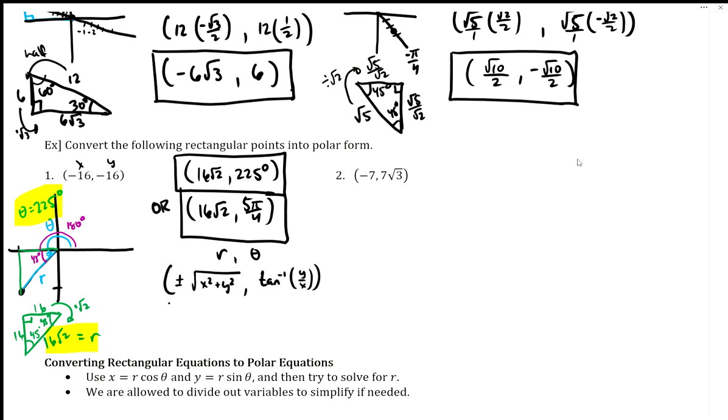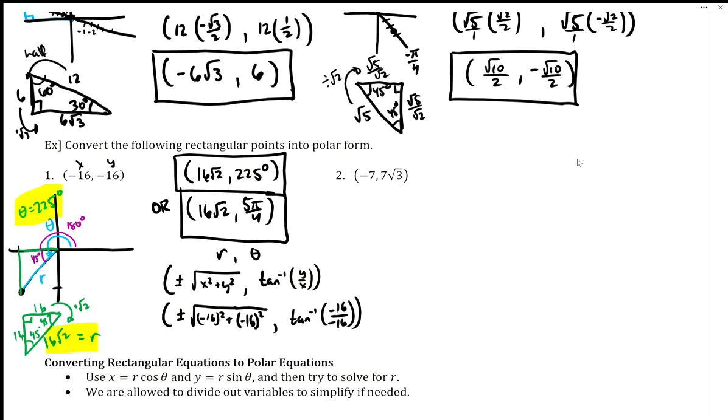Okay, and if we do plug those in, we'd have plus or minus the square root of (-16) squared plus (-16) squared, comma, and then tangent inverse of -16 over -16.